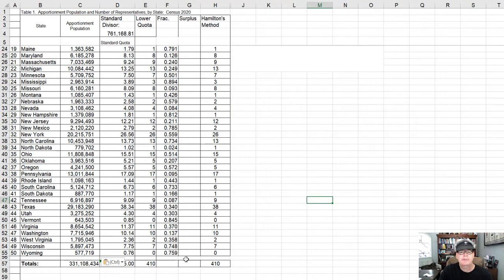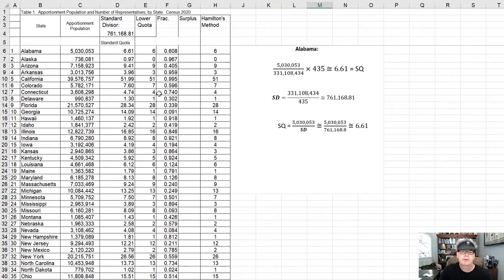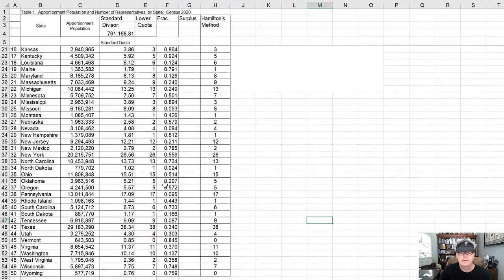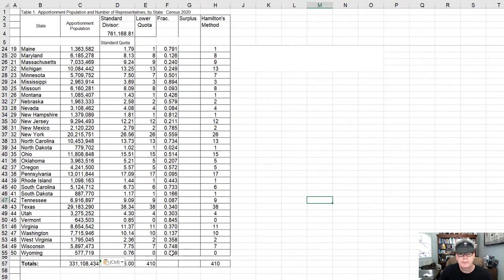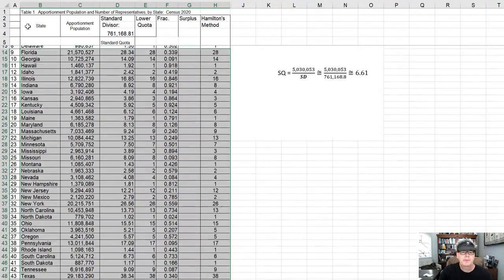If you look at the fractional part that's left over, so subtract the lower quota from the standard quota, and you get this fractional amount. We're going to go in order, of course, of biggest fractional part.